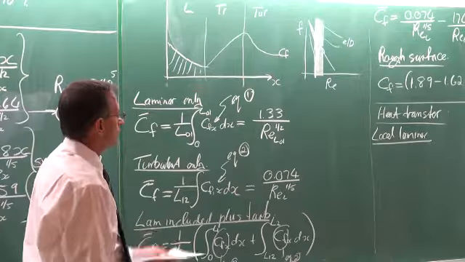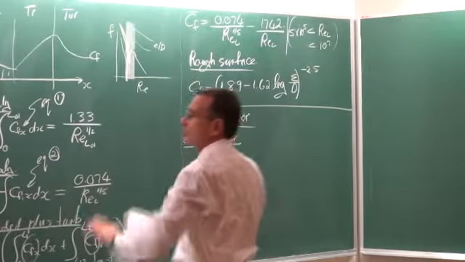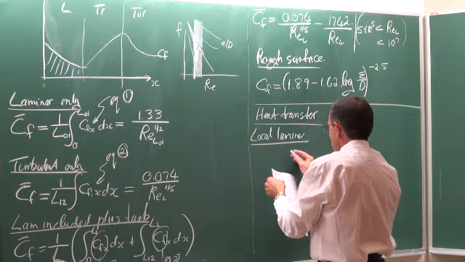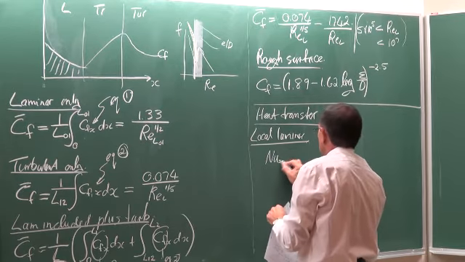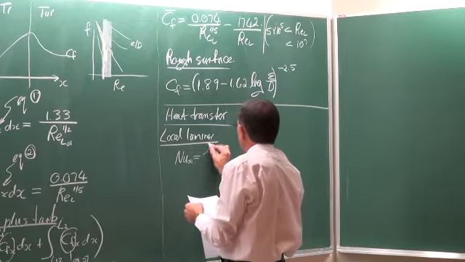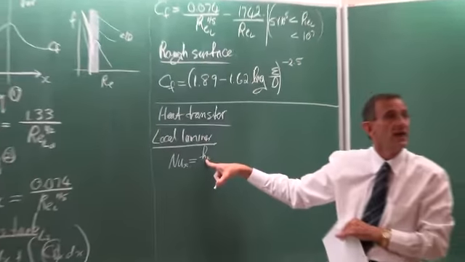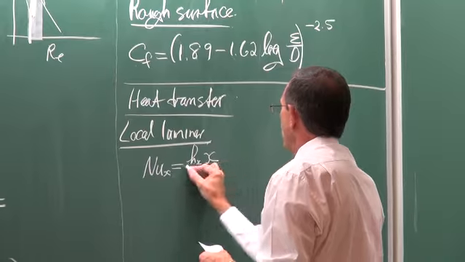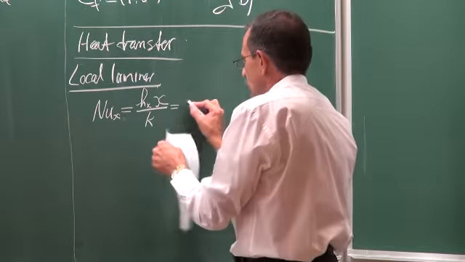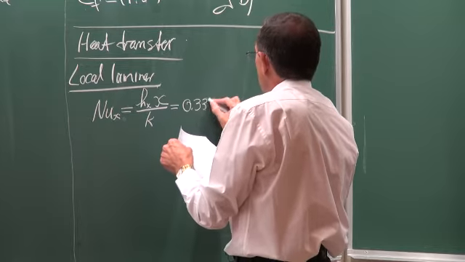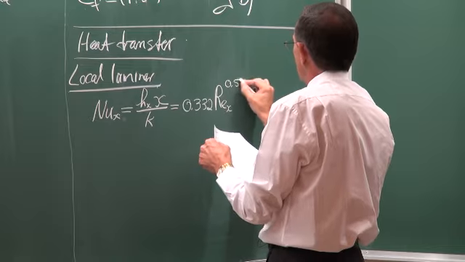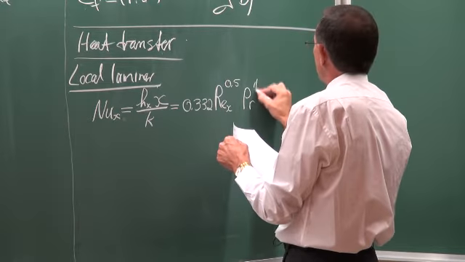Okay. Right. Where were we? Heat transfer. Okay. Look at this. Local values. Now, the Nusselt number, because it is local, Nusselt x, is equal to the local heat transfer coefficient h_x multiplied by x divided by k, and is now equal to 0.332 Reynolds x to the 0.5 and Prandtl to the third.